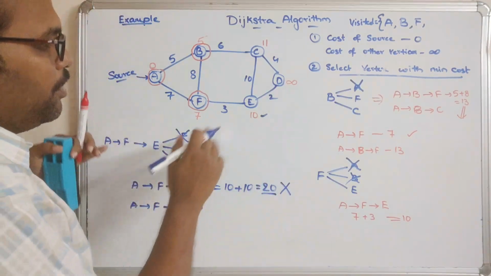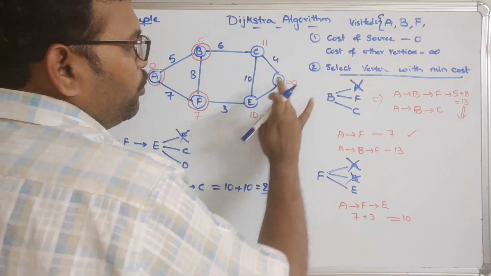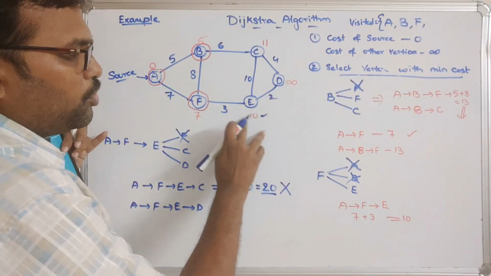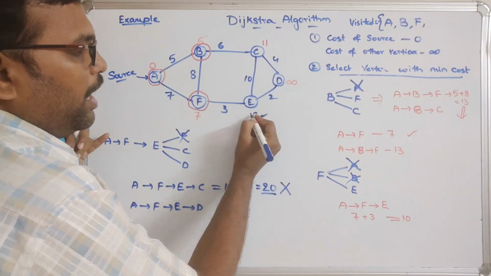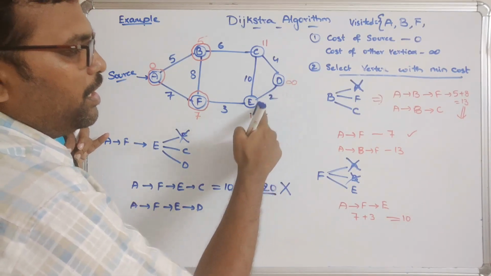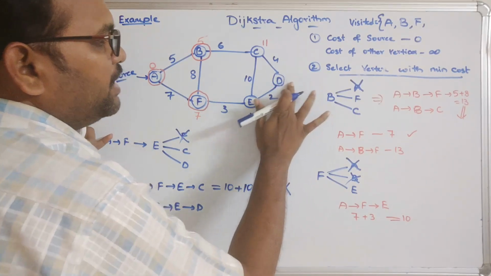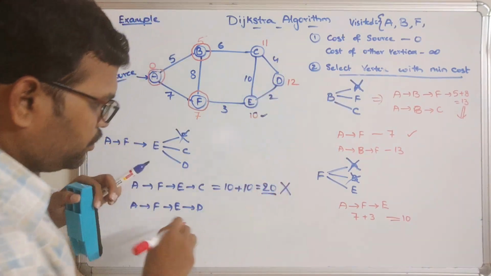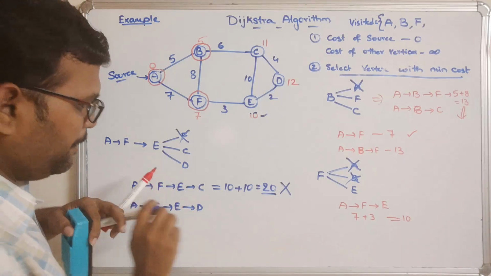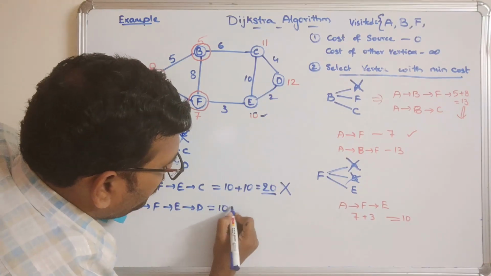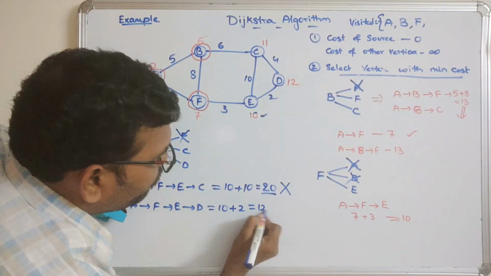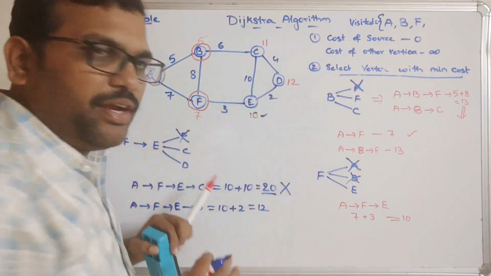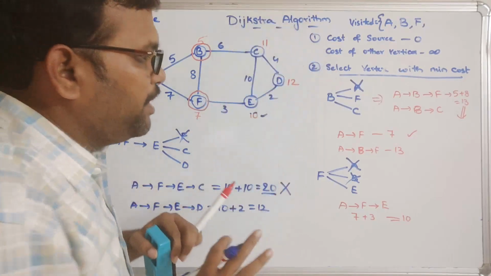Now coming to E to D. Already 10 is the cost to reach up to E, and to D it will be 10 plus 2, 12. So update this with 12. And 12 and existing infinity, the minimum will be 12. So we are updating here.